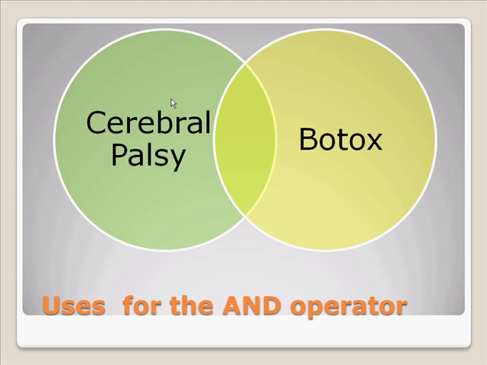And here's another example, the use of Botox along with cerebral palsy, which actually helps to control muscle spasticity. And in this case you would only find articles that mention the use of Botox along with cerebral palsy. An article that just discussed cerebral palsy or Botox would be thrown away.